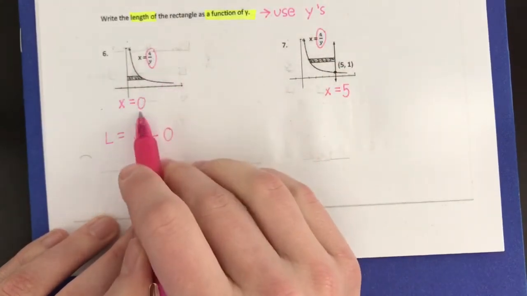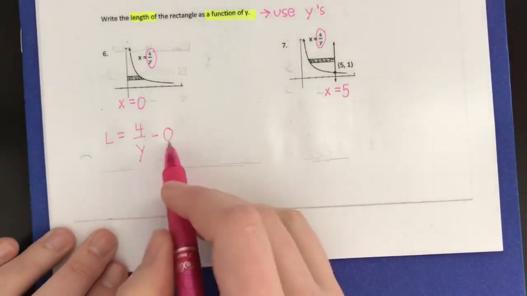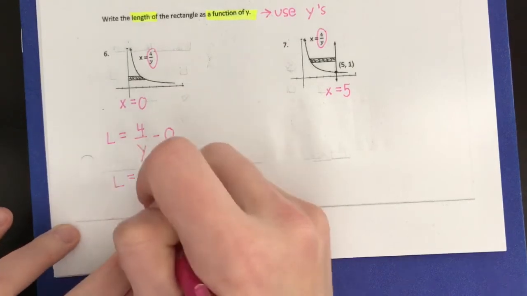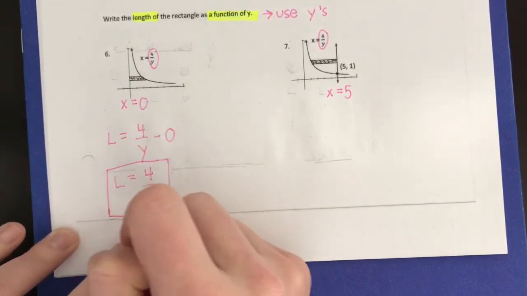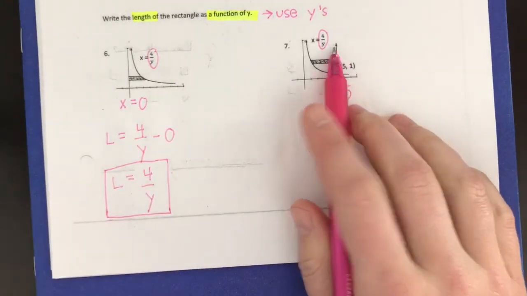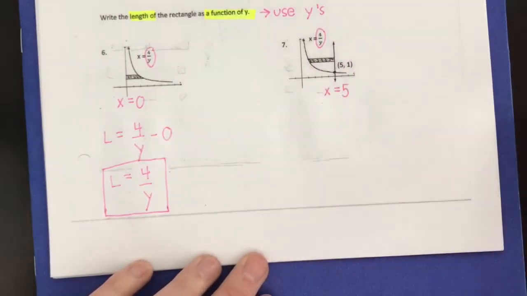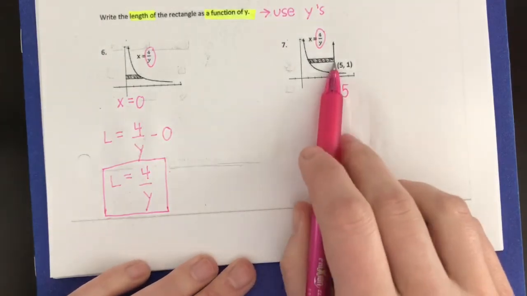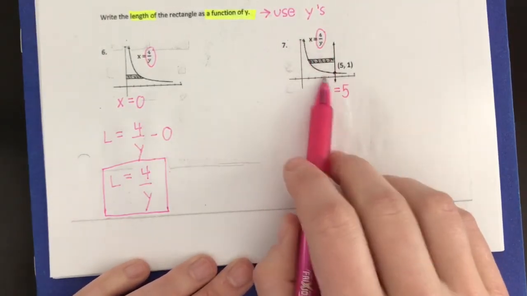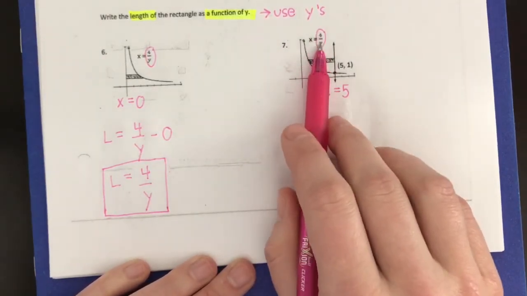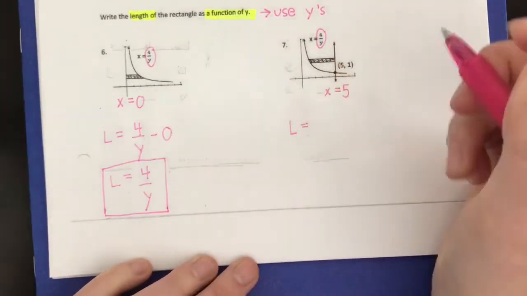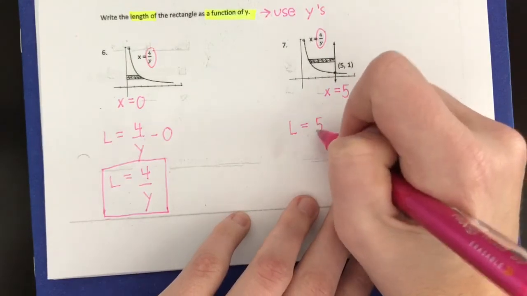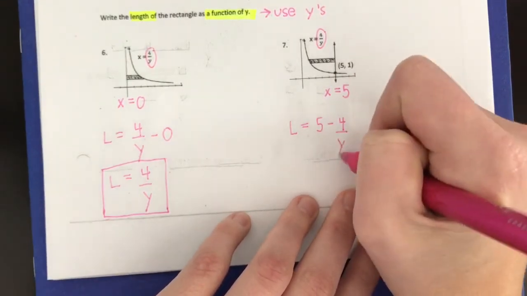So right minus left. So 4 over y minus 0, which would just be length equals 4 over y. Okay, and then in example 7, my rightmost equation would be x equals 5, while my leftmost equation would be x equals 4 over y. So this would look like length equals 5 minus 4 over y.